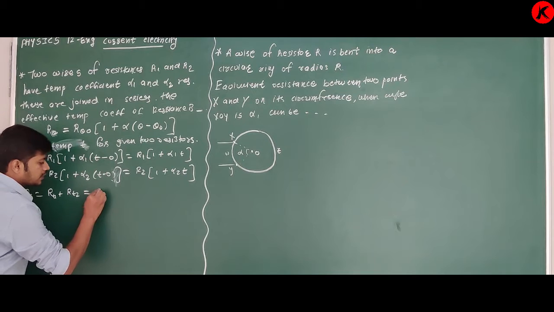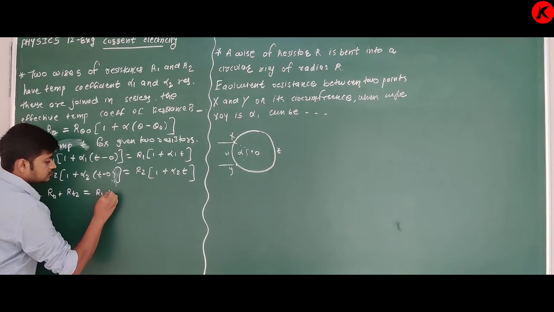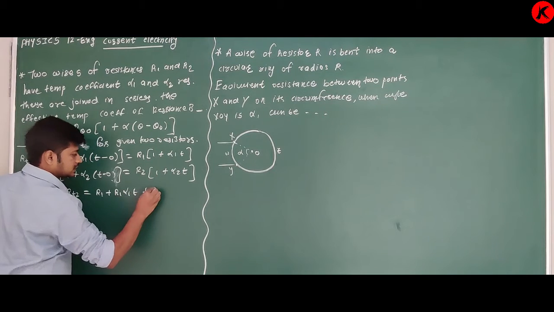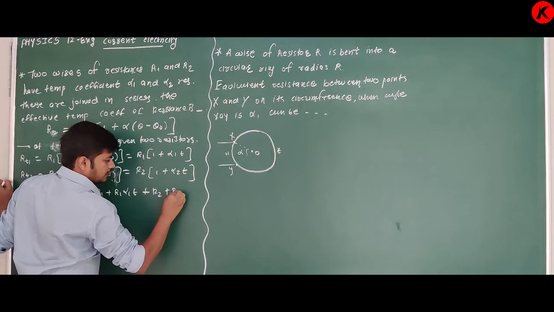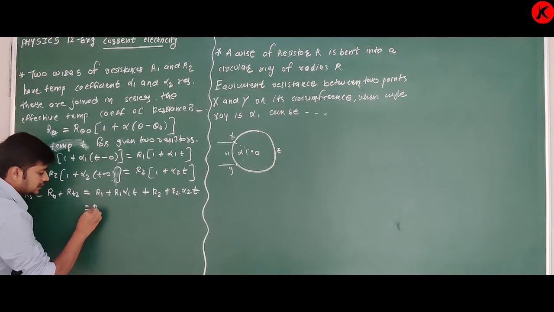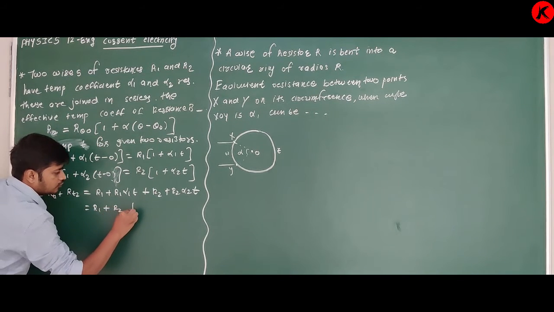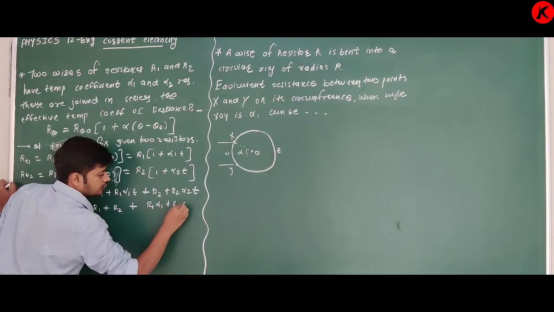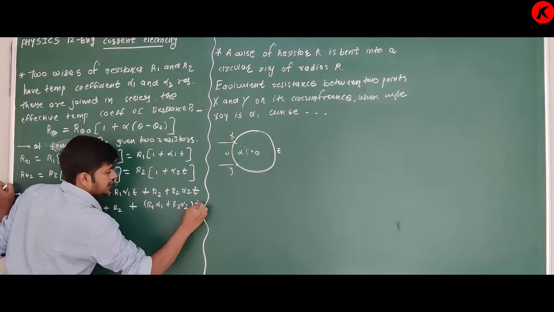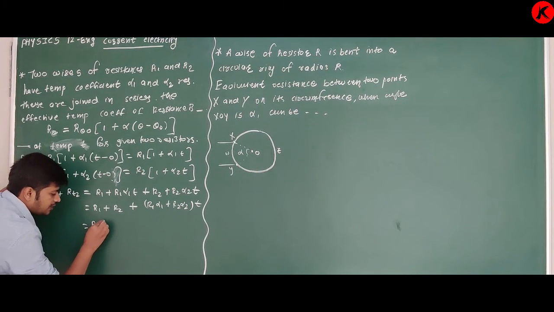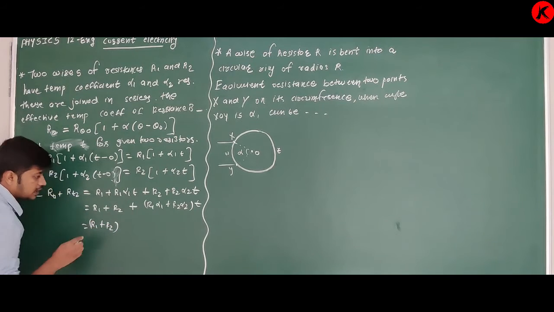Here it is R1 plus R1 alpha 1 T plus R2 plus R2 alpha 2 T. So I can write this as R1 plus R2 plus R1 alpha 1 plus R2 alpha 2 into T. Any doubt?